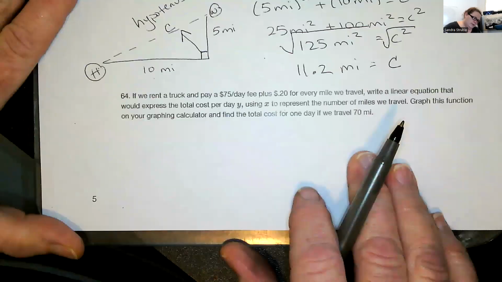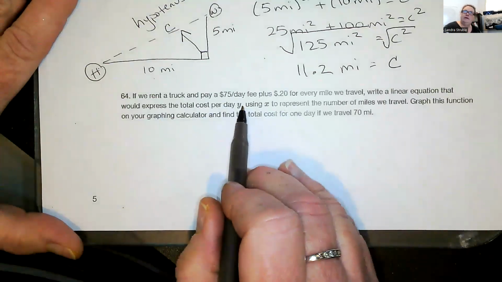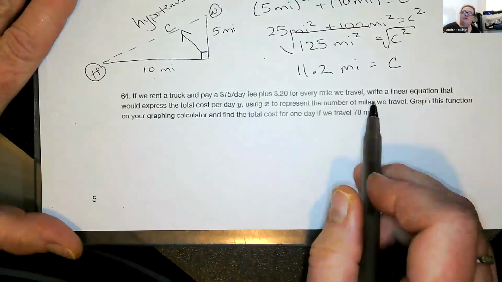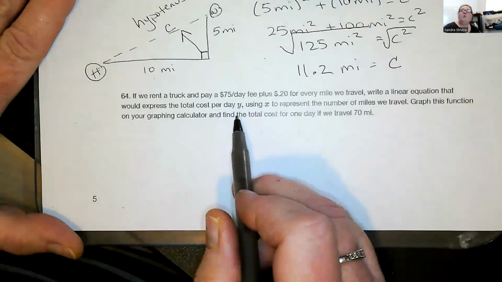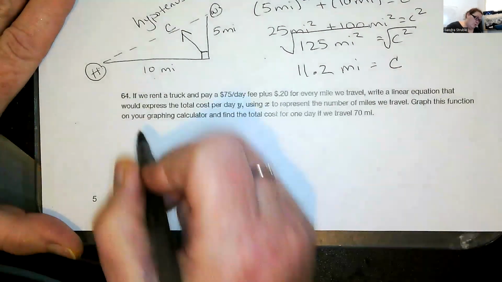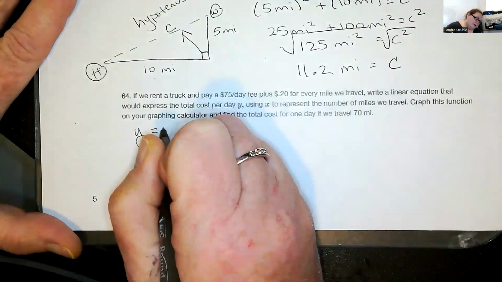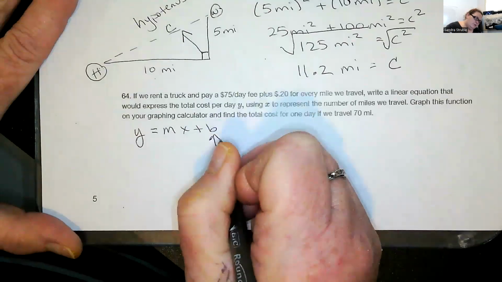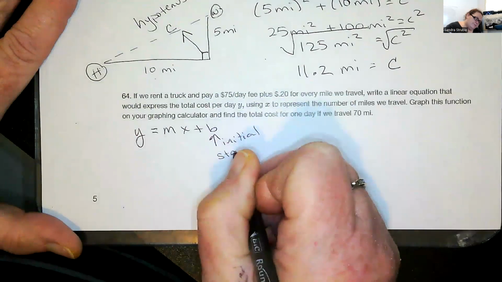So the next one is, if we rent a truck and pay $75 per day fee plus 20 cents for every mile we travel, write a linear equation that would express the total cost per day, Y. So we're using Y, and it looks like we're using MX plus B. B is the initial or starting value.